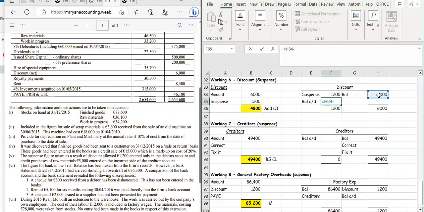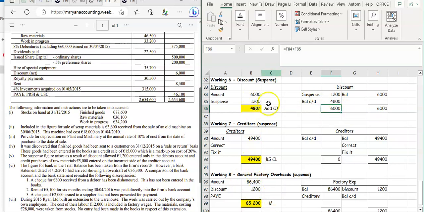So this 6,000, take away 1,200, gives you a balance of 4,800. So instead of our discount received at 6,000, it should be 4,800, because we didn't take away this discount allowed that we gave to a customer for 1,200. And then because we have taken it away here, we're going to add it on down here.